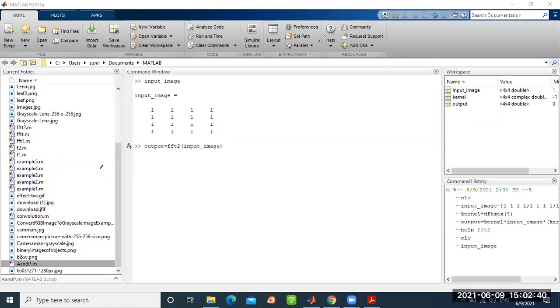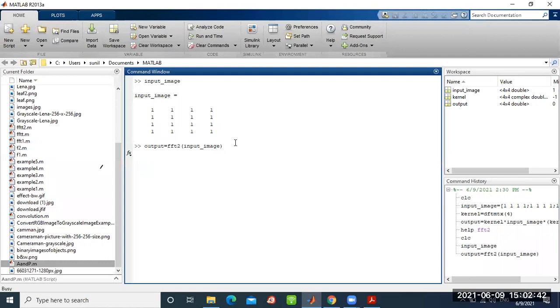So if I write this one and execute it, you can see the output is similar. Same output. Output is very much similar. So either you can use this built-in function or you can use that mathematical formula to find the DFT of any image. So it is clear to all of you?